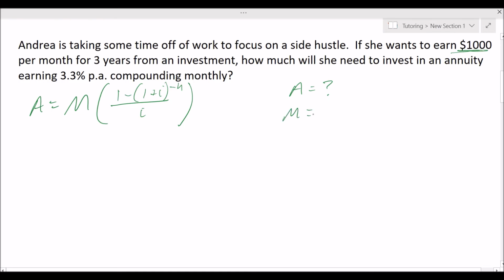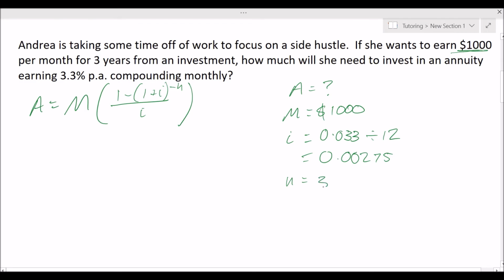Okay, once again, if you put the wrong formula in, pause the video, have another go. So it's 3.3% per annum, and it is compounding monthly, so we need to divide by 12, which would give us a value of 0.00275.